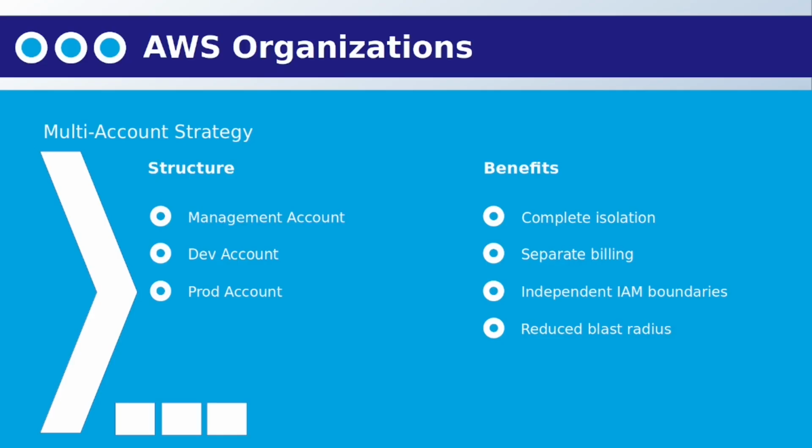Because accounts are the strongest security boundary in AWS. If something goes wrong in dev, it should not affect production. This is what we call reducing the blast radius. Blast radius means how much damage one mistake can cause.